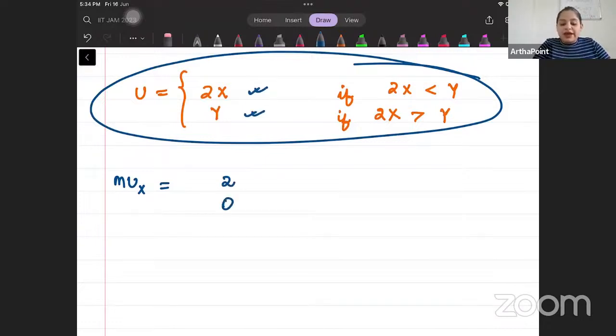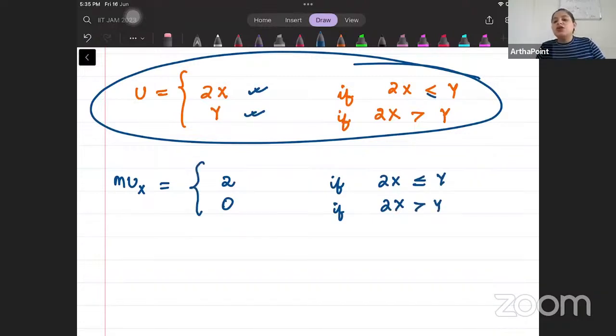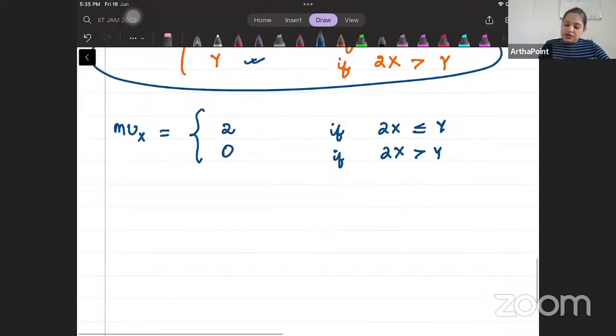So I will get 2 or 0 respectively: 2 if 2x is less than or equal to y, and 0 if 2x is greater than y. This will be your marginal utility from x.